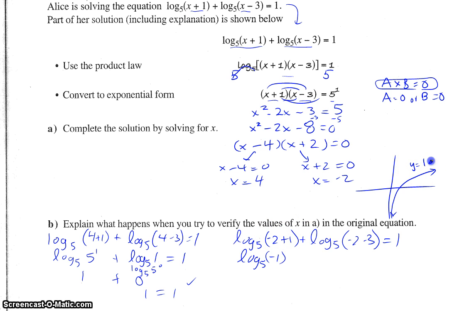So let's say we have something like log x, or even log base 5 of x. If I was to put y equals log base 5 of negative 1, well, let's go to where x is negative 1, over here. We're nowhere on the graph. That is why what's inside the log has to be greater than 0, because our graph doesn't exist left of that. So that means this one is not possible.